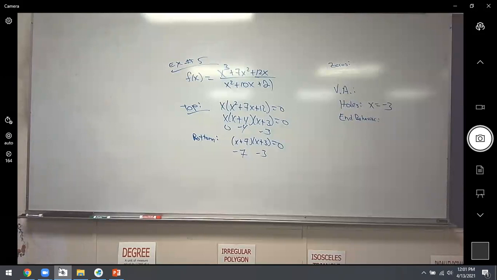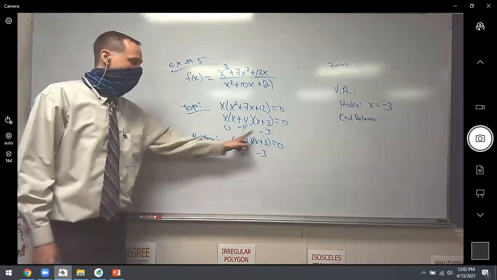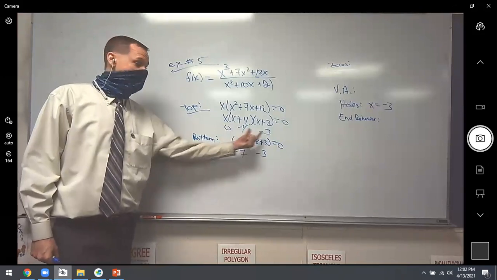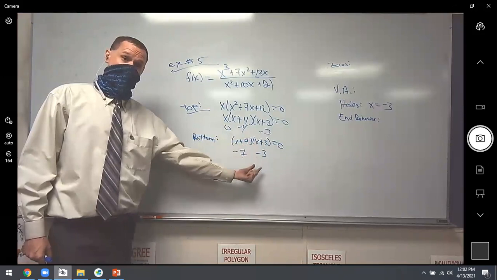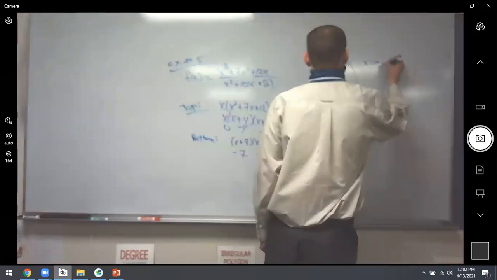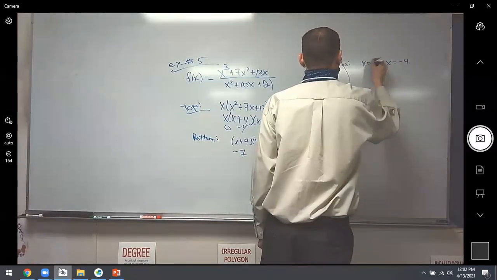And that's why I really hit those numbers in your notes. Zeros happen for numbers that are only 0 on top. The only numbers that are zeros only on the top are 0 and -4, correct? -3 doesn't count because it's on top and bottom. So the zeros are at 0 and -4, not -3.